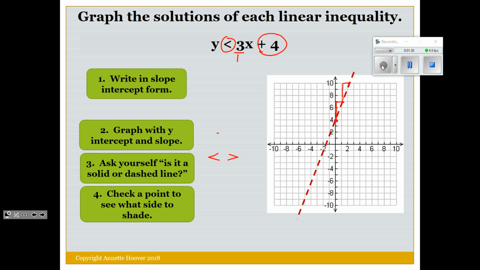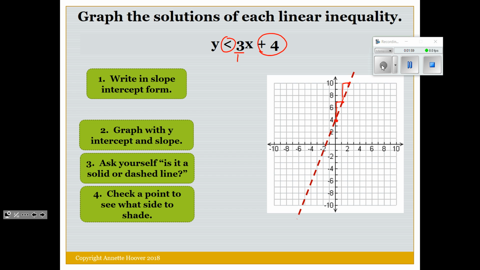When we were graphing inequalities, we would have done that with a circle dot, without a filled-in dot. The way we represent that on a graph like this is with a dashed line. If it is less than or equal to, or greater than or equal to, then we do the solid line. This one's dashed, this one's solid. It's the difference between our circle dot and our filled-in dot. So since this one is less than but not equal to, it is a dashed line. It'd be like a circle dot.